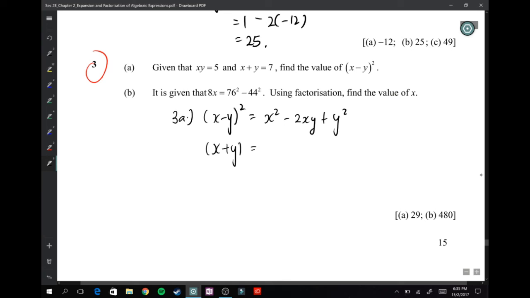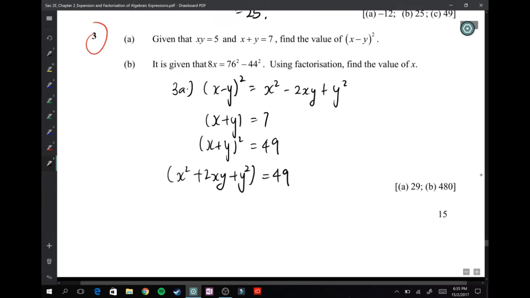x plus y equals 7, right? So (x plus y) squared is 49, right? But you can expand this, right? So you get x squared plus 2xy plus y squared equals 49, right? And you know that xy is 5.